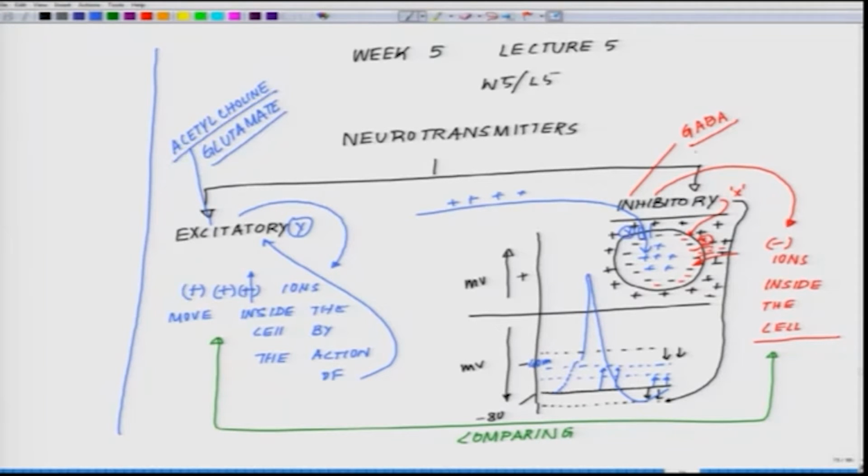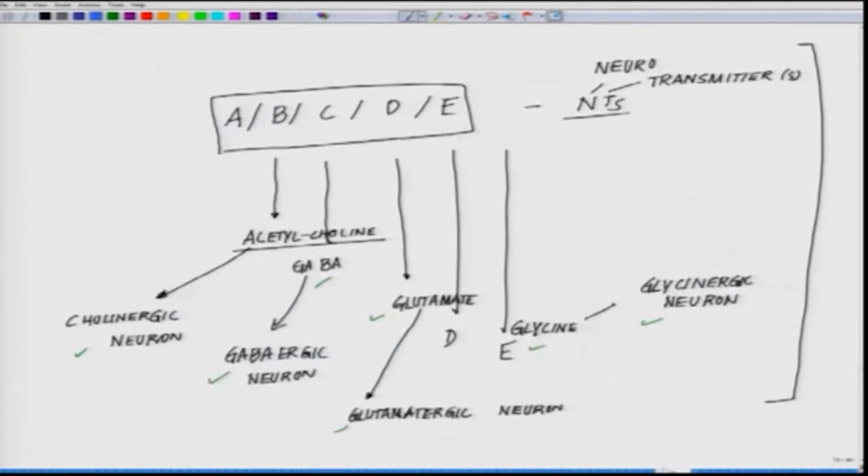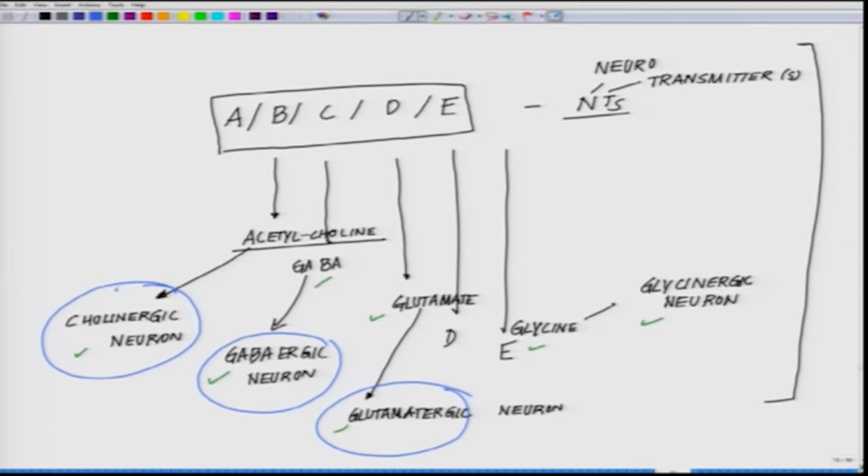Based on that, as I have already mentioned, there are neurons which are named GABAergic, glutamatergic, cholinergic neurons. Cholinergic is a non-specific cation channel opener. Okay. Glycinergic neuron. Okay.